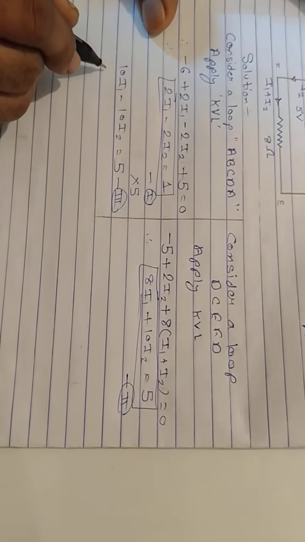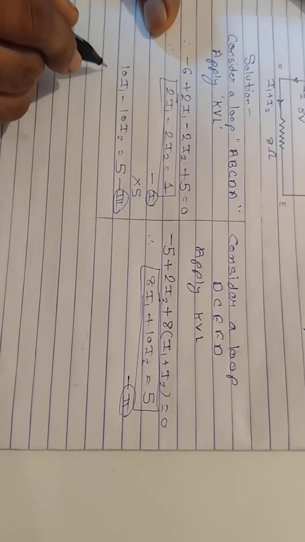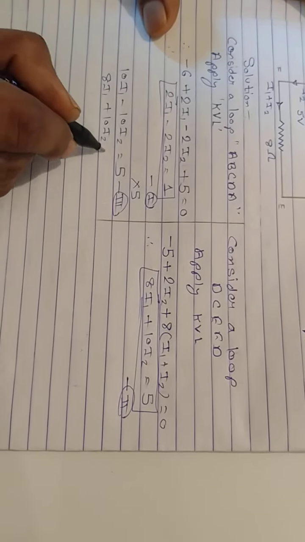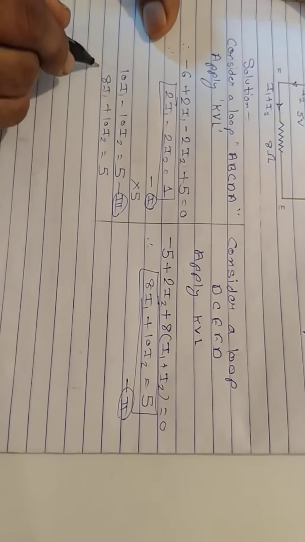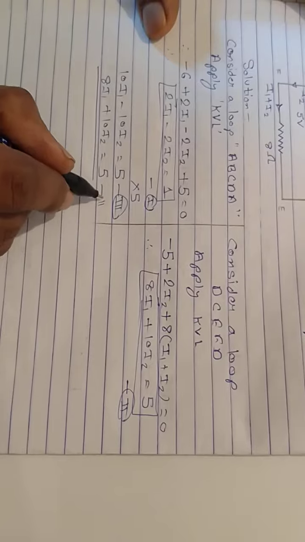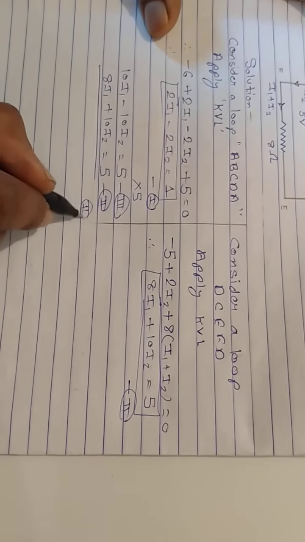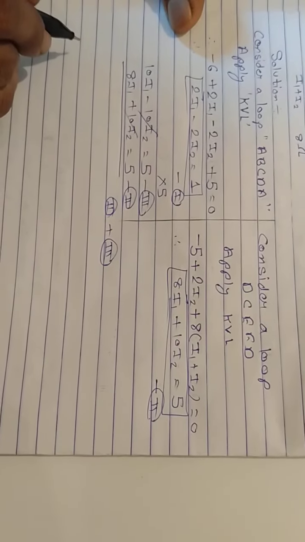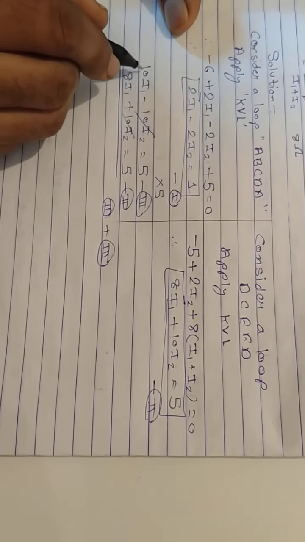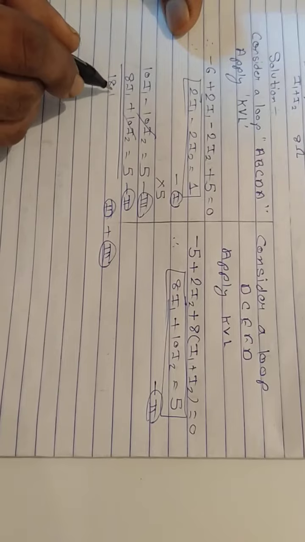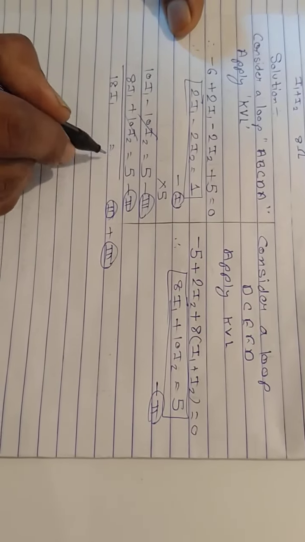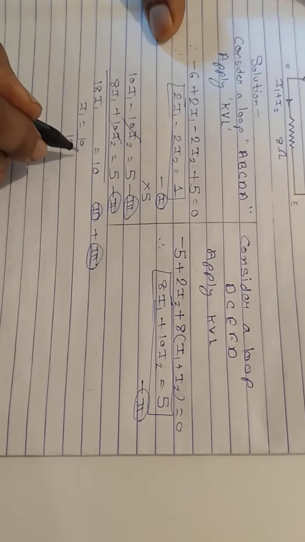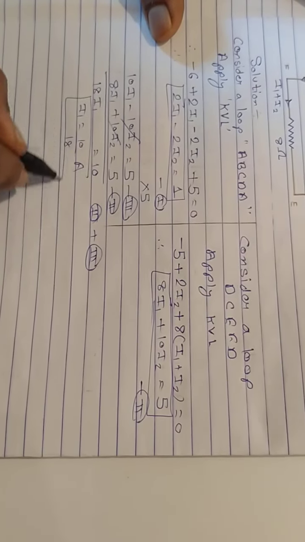I take the second equation below equation number 3, that is 8I1 plus 10I2 equals 5. Adding equations 2 and 3, minus 10I2 plus 10I2 cancel. 10 plus 8 is 18I1, and 5 plus 5 is 10. So I1 is 10 upon 18 ampere.